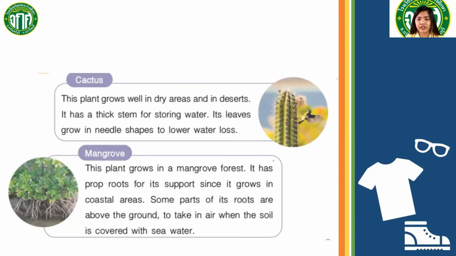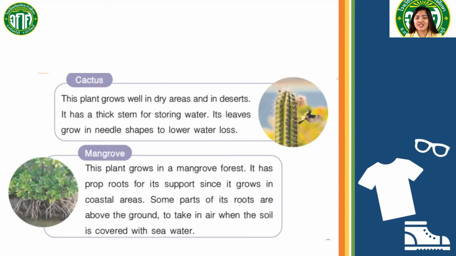Next, we have here cactus. This plant grows well in dry areas and in deserts. It has a thick stem for storing water. Its leaves grow in needle shapes to lower water loss.